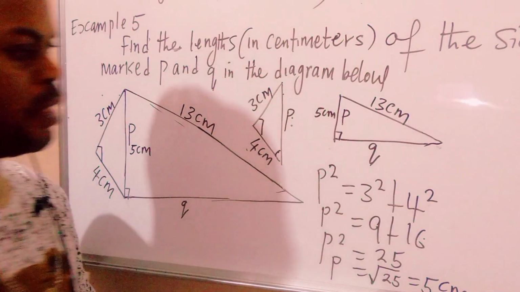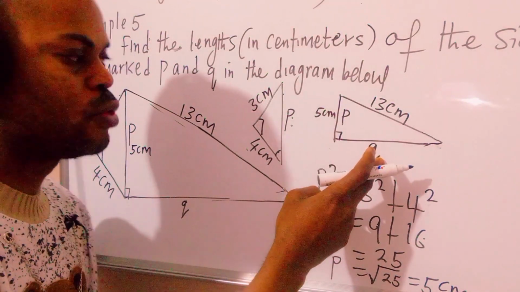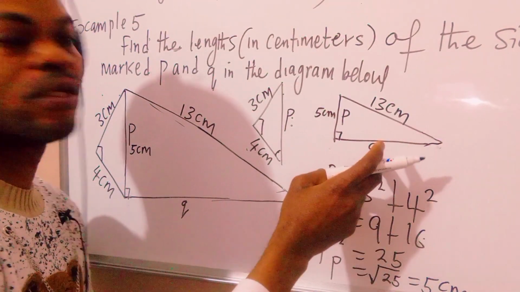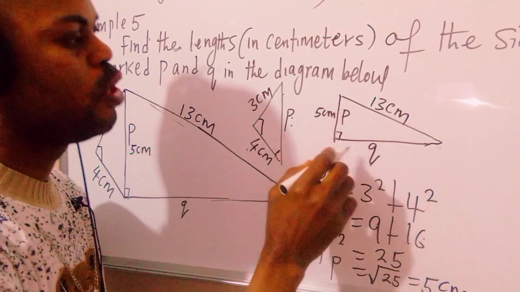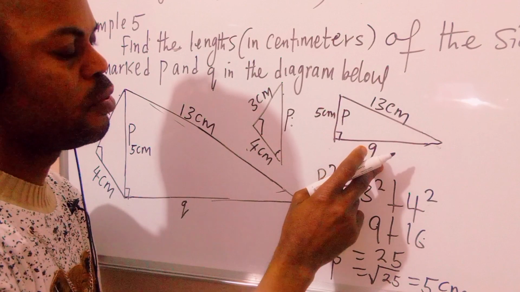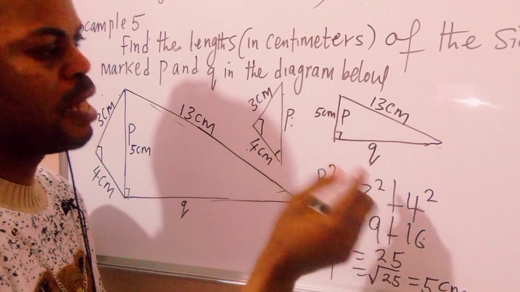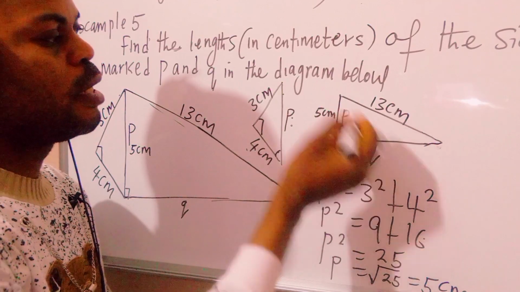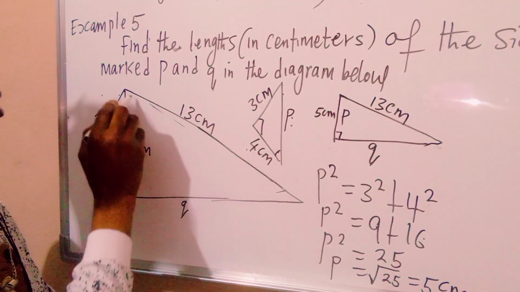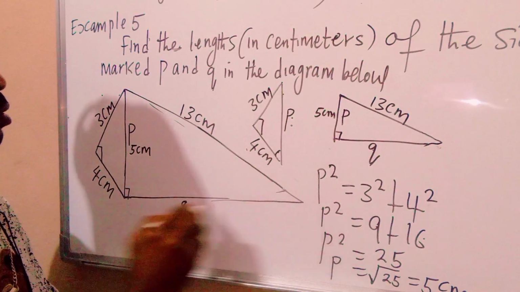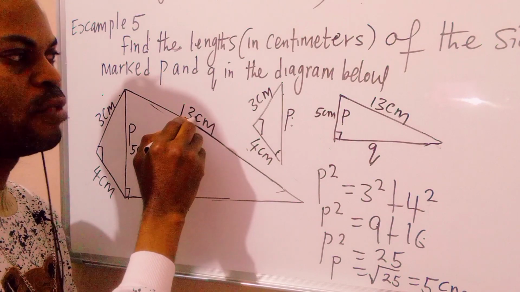So we will then be able to resolve side Q of this challenge on the board. If we are looking for side Q, now take a close look at this triangle. You will find out that the longest side of this very triangle is the side 13 centimeter.